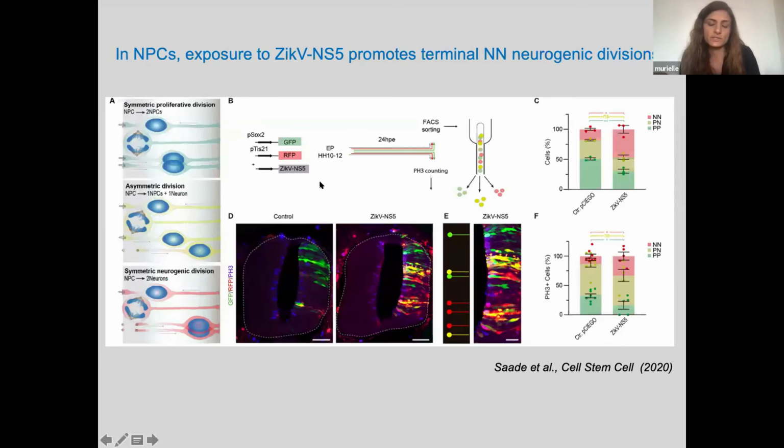To answer this question, we electroporated ZIKV NS5 with the TIS21-SOX2 reporter, and by FACS analysis and by quantifying mitotic cells in transversal sections, we were able to see that ZIKV NS5 promotes terminal and neurogenic division at the expense of symmetric division, and this could explain somehow the profile of microcephaly that is induced by this virus.